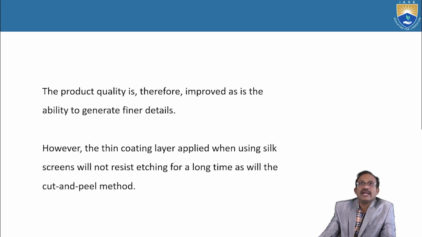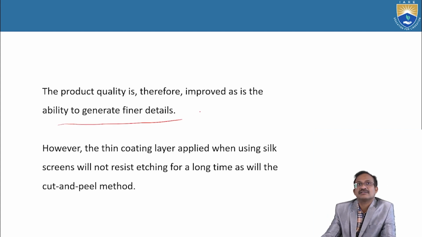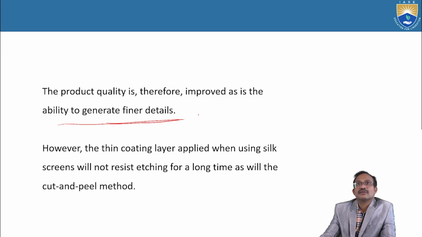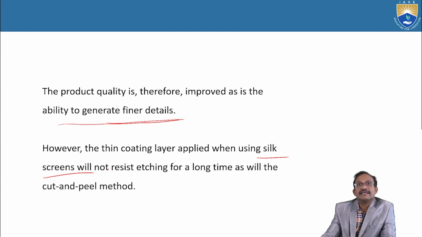The product quality is therefore improved, as is the ability to generate finer details. So with silk screens, we have good quality of the product. However, the thin coating layer applied when using silk screens will not resist etching for a long time as will the cut and peel method.